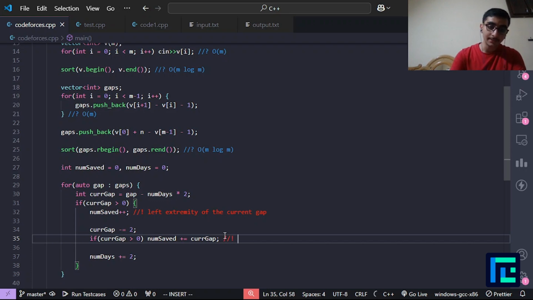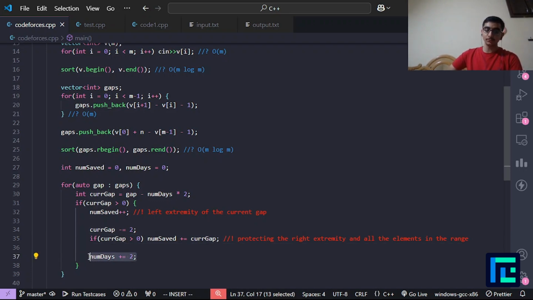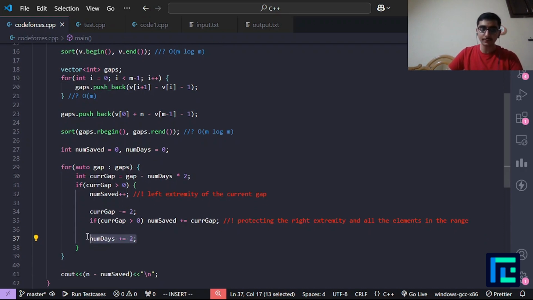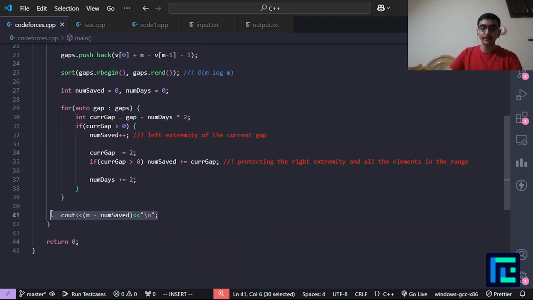So this means protecting the right extremity and all the elements in the range. That's why I add that value. And then num days plus equals to 2 represents that now 2 days have passed. Because as I said, I require 2 days to protect a given range. Now I keep doing it greedily because I have sorted in reverse order and I simply output n minus num saved because that is the value we require, minimum number of infected houses.